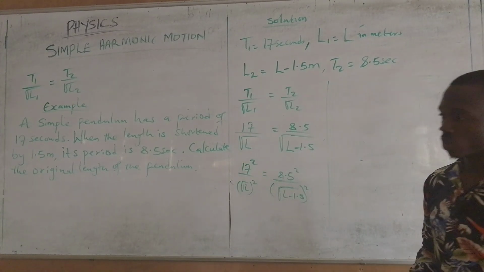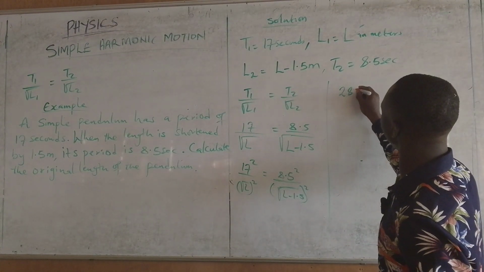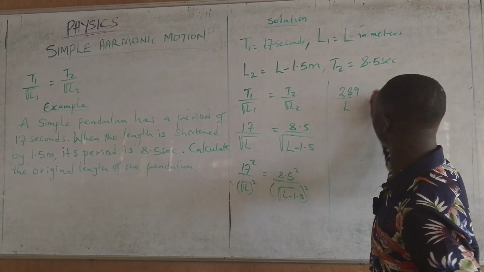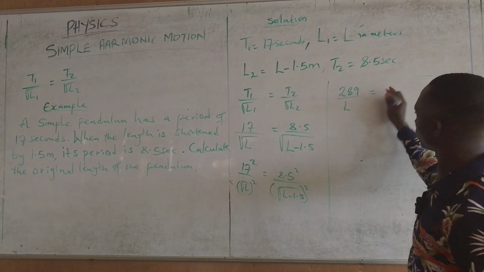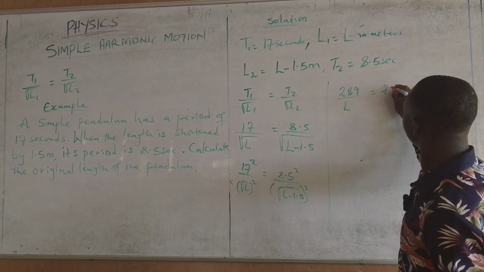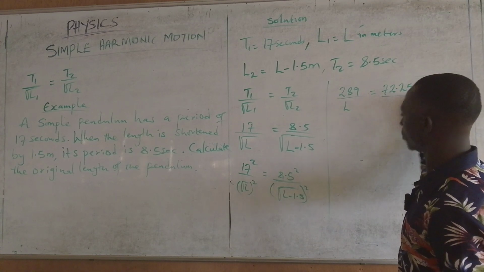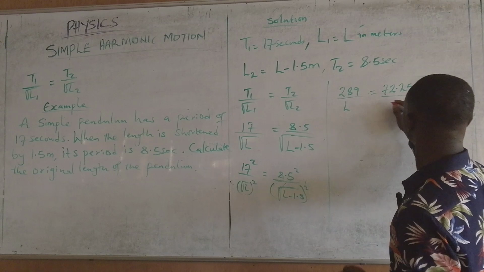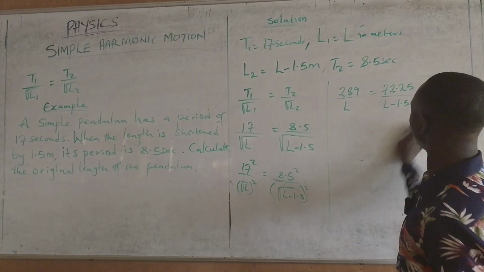So what is 17 square? 289. So we have 289 over L equals, what is 8.5 square? 72.25, over L minus 1.5. Then we cross multiply.